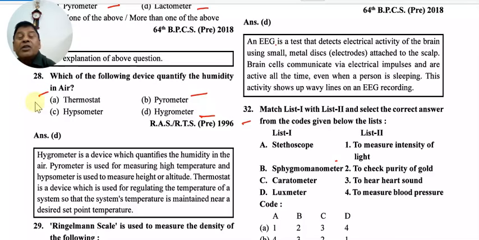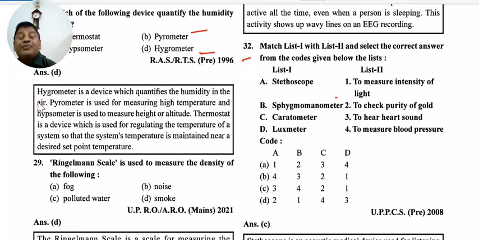And now come to this question. Match list 1 with list 2 and select the correct answer from the codes given below. See here. This is the sphygmomanometer. It's meant to measure the blood pressure.